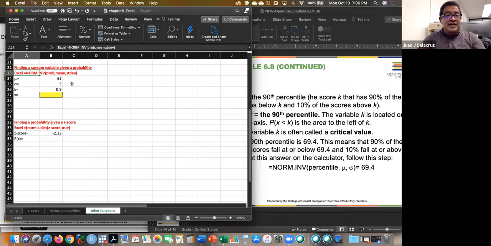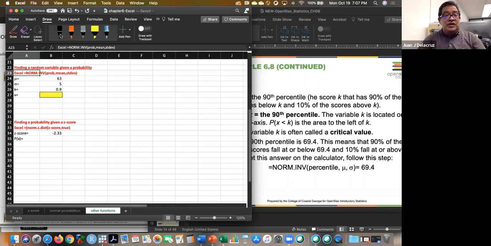So here I have the mean, I have the standard deviation, and I am given the probability. So basically I have my normal distribution, and I have my standard normal distribution, right?